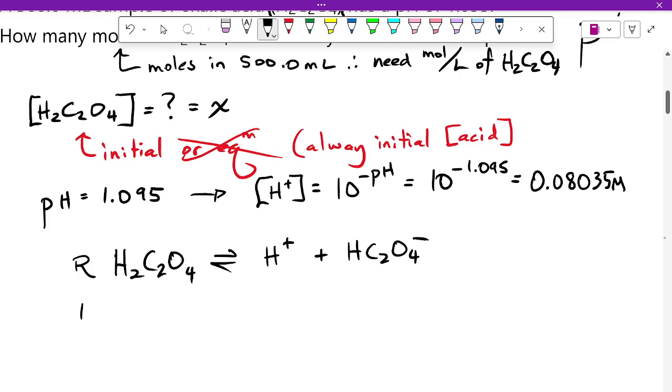Okay, ICE. This is our initial concentration, X, so we're going to put our X here. What are the initial concentrations of hydrogen and the other guy? 0, because they're always 0.